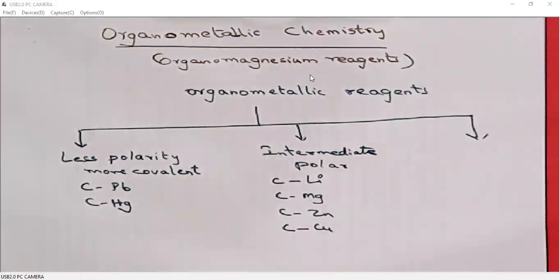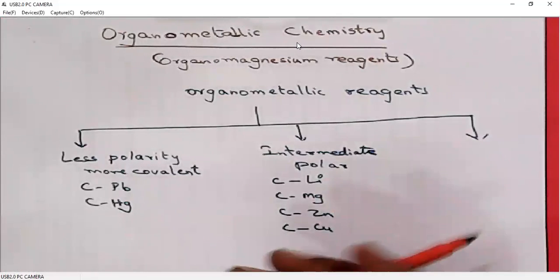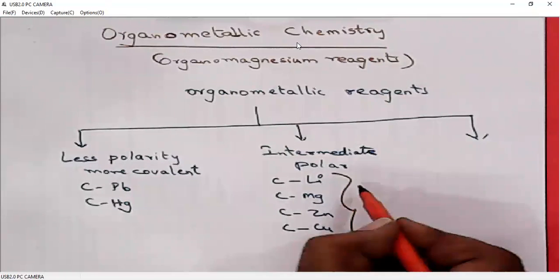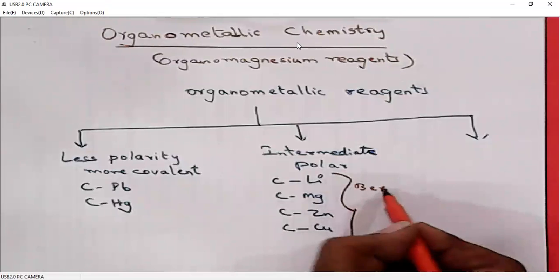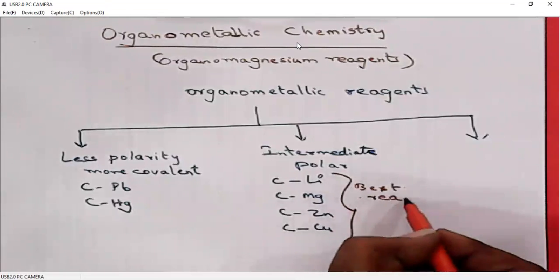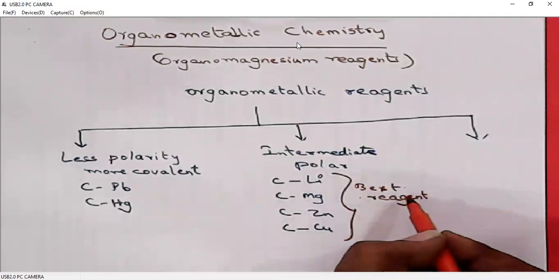All these carbon-metal bonds will come under this category. Because of their polarity, these reagents are used for carbon-carbon bond formation reactions.